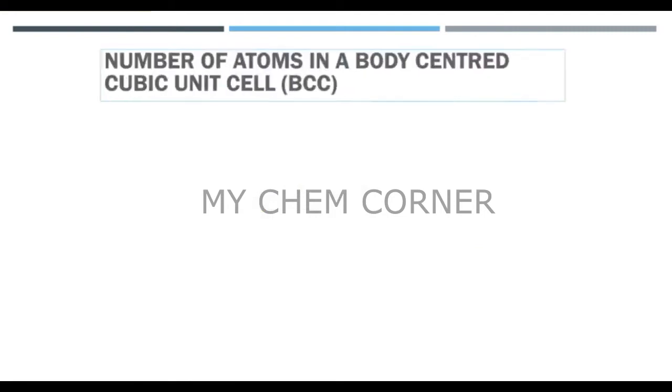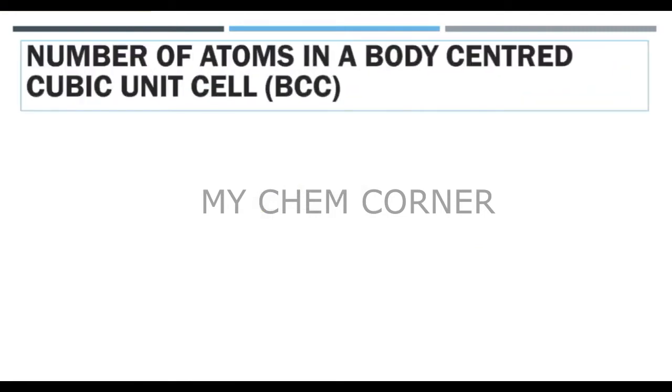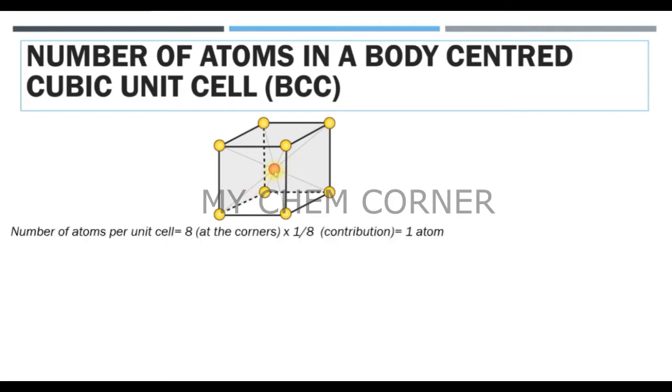Alright. Now the same thing when we look at the next one, which is the body-centered unit cell. For a body-centered unit cell, this is the diagram where I have 8 spheres around in the unit cell and 1 sphere in the center. For this, the 8 spheres around are still the same as the primitive unit cell. I have 8 at the corners, and when I consider this in an entire lattice, each of these will be divided among 8 other cubes.